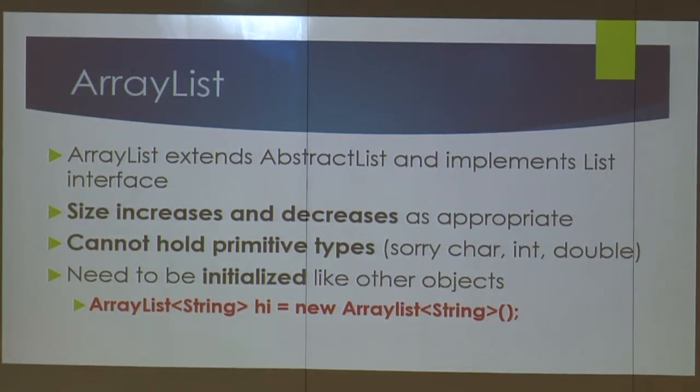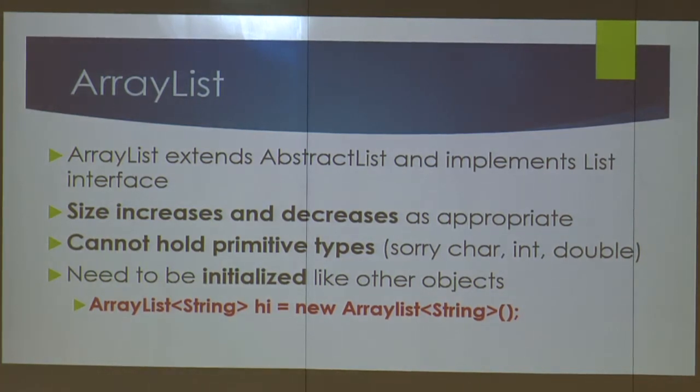The general format we follow is it's going to come from the ArrayList class. We say ArrayList, and then we have our angled brackets after the word ArrayList. Those angled brackets contain the type of object we're going to be holding. So in our case, if we wanted to have an ArrayList of strings, we would put String in those angled brackets.